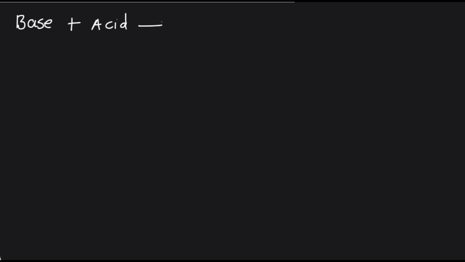Whenever we are using these of the same nature in terms of strength, if we have a strong base and a strong acid, this will give us a salt plus water. And we know that this is what we call a neutralization reaction, because the two products are neutral.